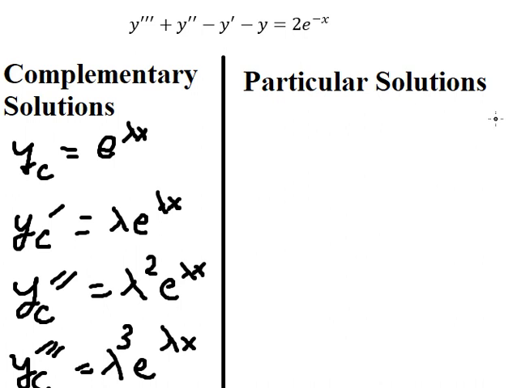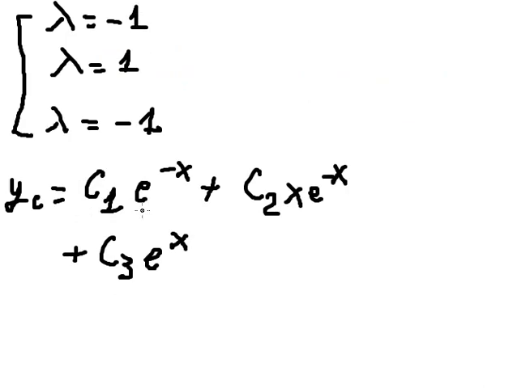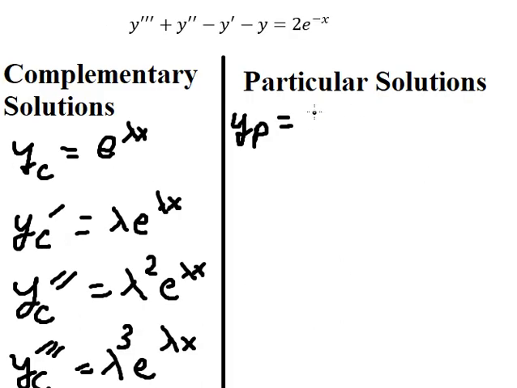About the particular solution, we need to put yb. We can see that this is e to the power of negative s, but this one repeats again in here. So we need to select the highest one, that is a s squared e to the power of negative s.